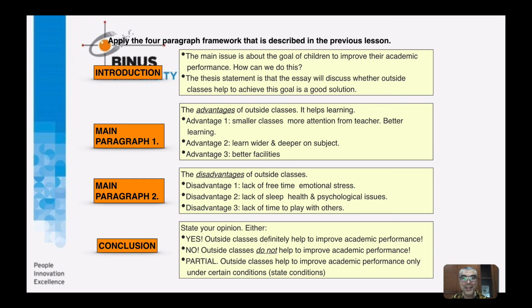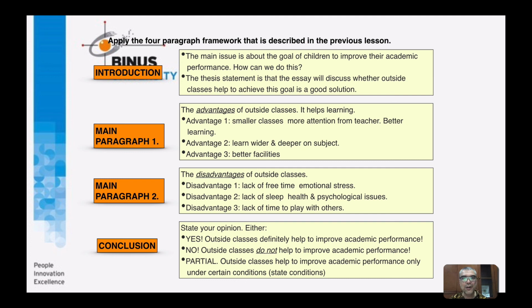State your opinion clearly. Your opinion could be, yes, the advantages do outweigh the disadvantages. So outside classes definitely help to improve academic performance. On the other hand, your opinion might be no. Outside classes do not help to improve academic performance.